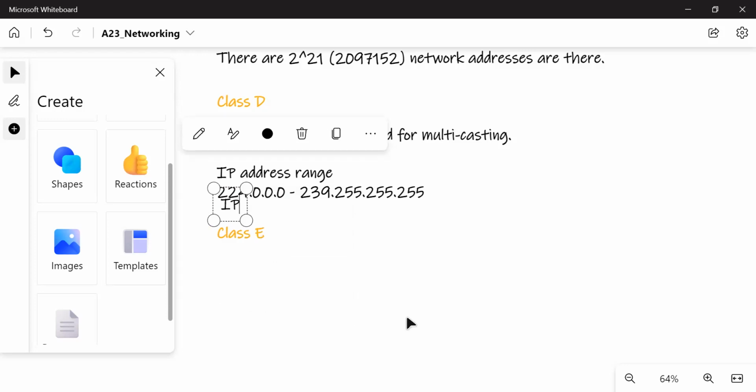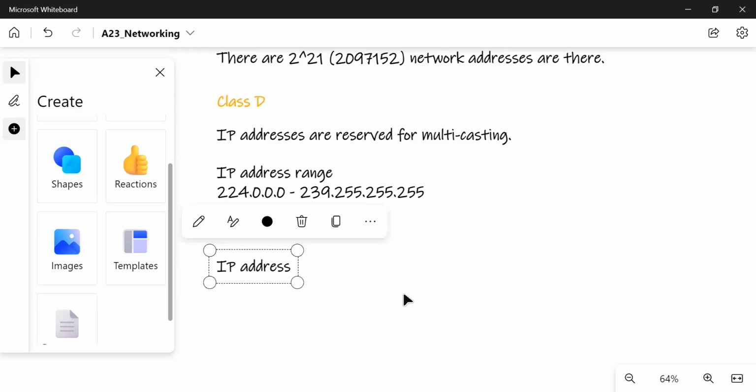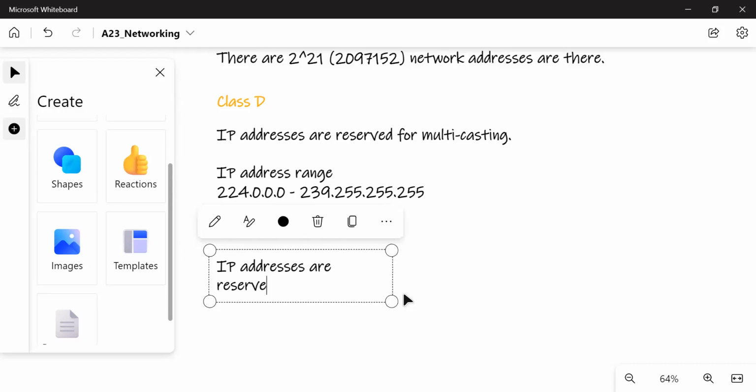These IP addresses are reserved for special purposes. We can say IP addresses are reserved for experimental and research purposes.